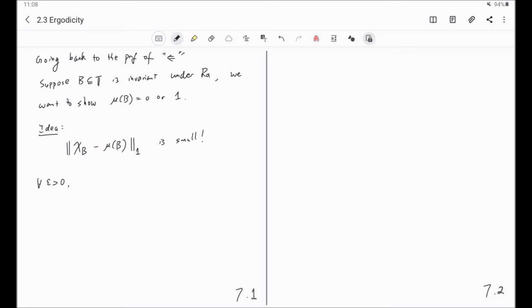The trick is the following. For this epsilon, you choose a continuous function f on the circle with the L1 norm between f and chi sub B bounded by epsilon.